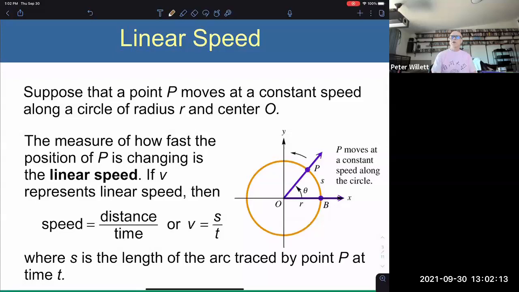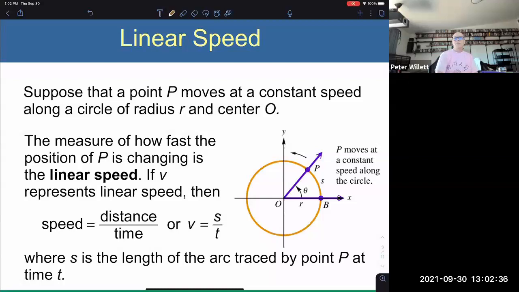So your linear speed would just be how fast you're going around the track, how fast you're literally traveling along that pathway. They're describing that by saying, suppose a point moves at a constant speed along a circle of radius r and center O, and they've got this nice picture here.